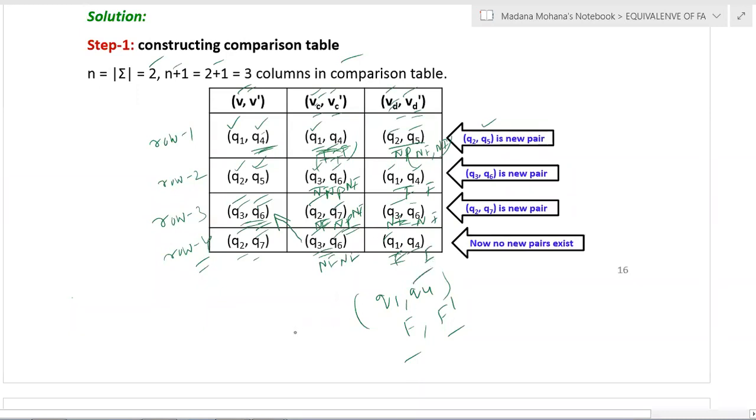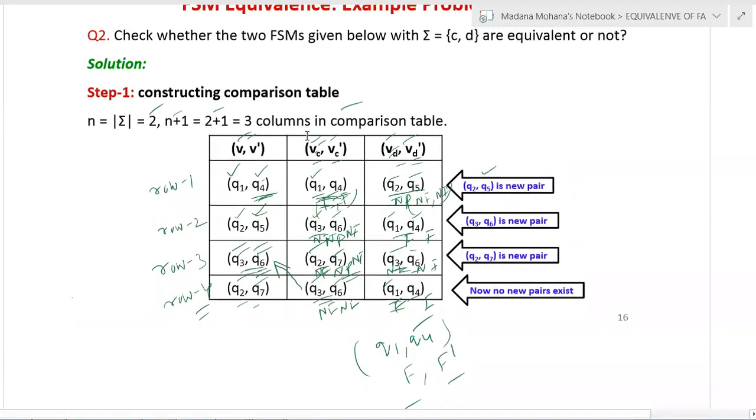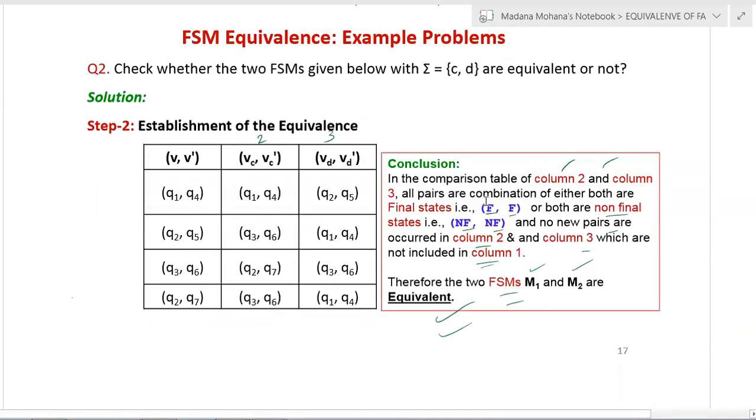As per case 1 of our algorithm, whenever you get in column 2 or column 3 a combination of a final and a non-final, or a non-final and a final, then you can stop and say the FSMs are not equivalent. But here you can see all the pairs in column 2 and column 3 are a combination of both final or both non-final.